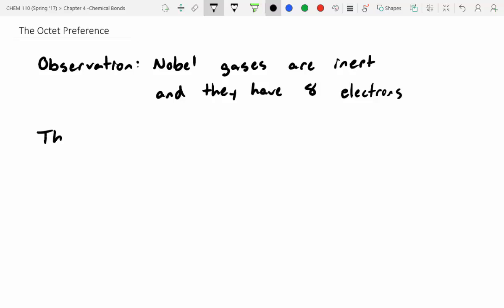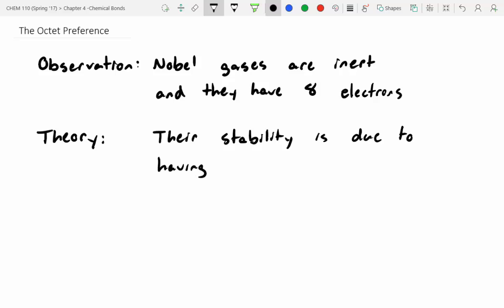So the theory was based off of this, and it said their stability is due to having an octet, or 8 electrons. Makes sense? All right. And that leads to a deduction.